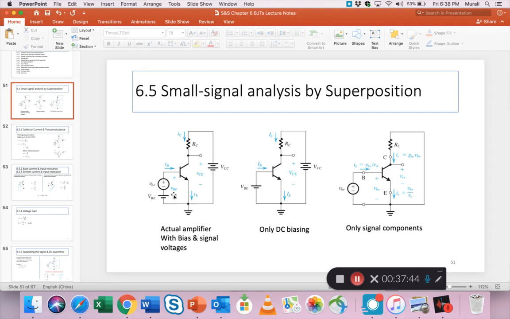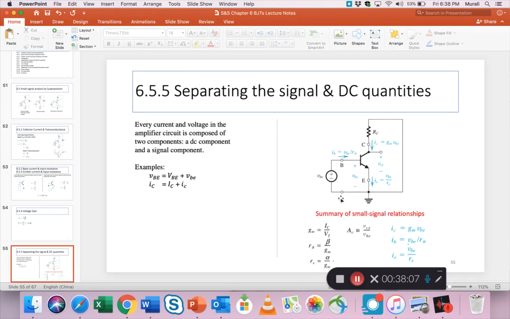If you look at the actual amplifier circuit and you see this V with the capital BE, that is the sum of this VBE plus this little VBE. Okay, that is what we are trying to say on this slide 55.